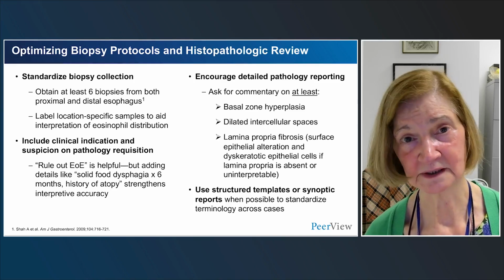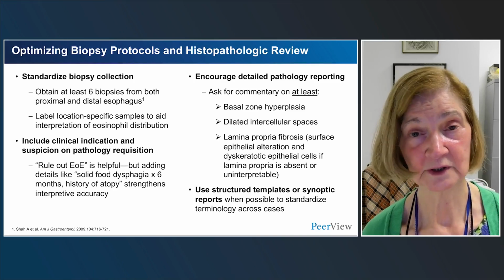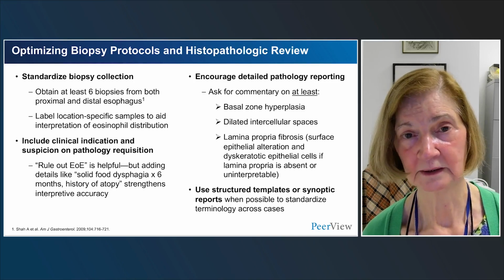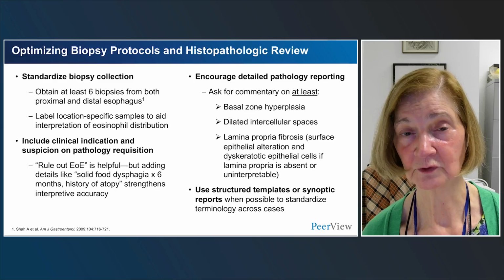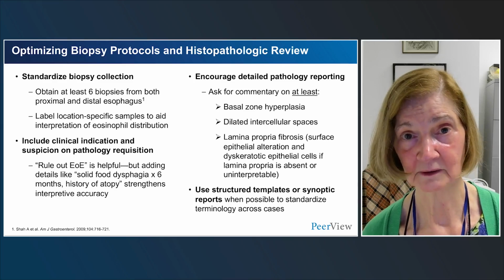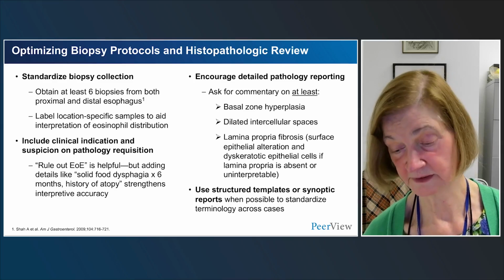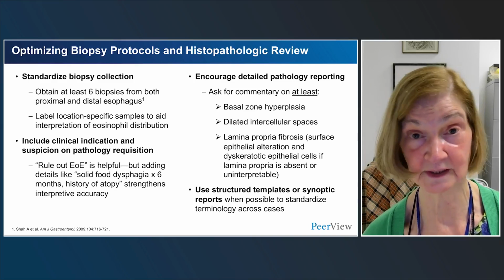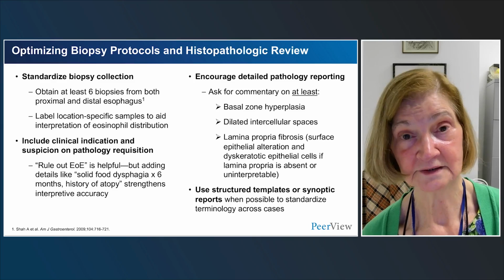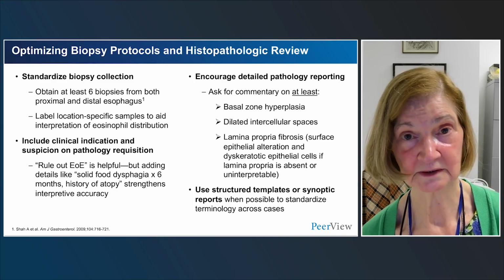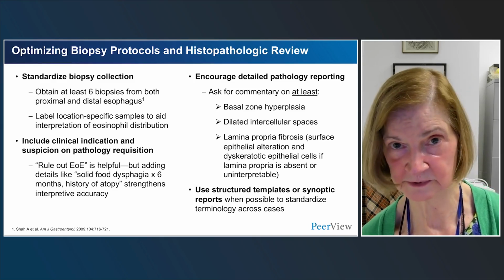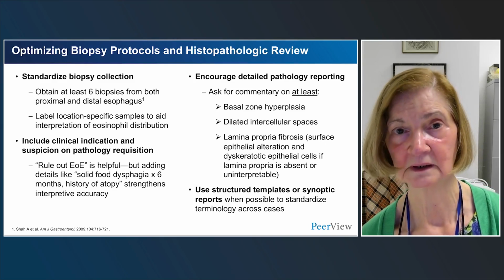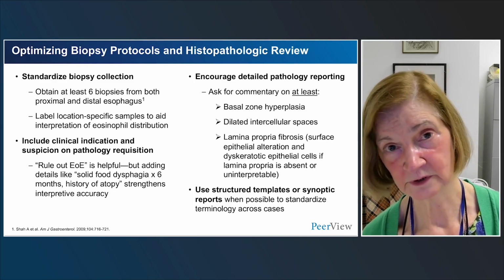The scoring can be done dichotomously, present or absent, but it really is a good idea to look for all 8 abnormalities. Most of the time, as I said before, lamina propria isn't there or else can't be evaluated, so then it's down to 7. And eosinophil inflammation is based on the peak eosinophil count, which should be obtained already. So now we're down to 6.